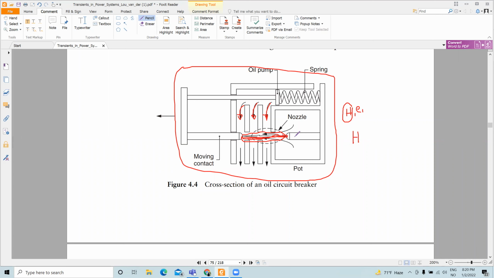Within this arc, the hydrocarbon will break down and form hydrogen, and this hydrogen helps in extinguishing the arc, as well as you create some mechanism so that the oil can flush through these slits to take out the heat from the arc to extinguish it.